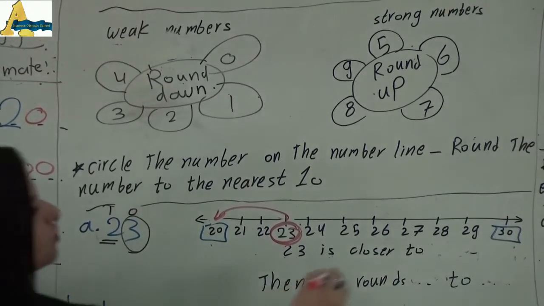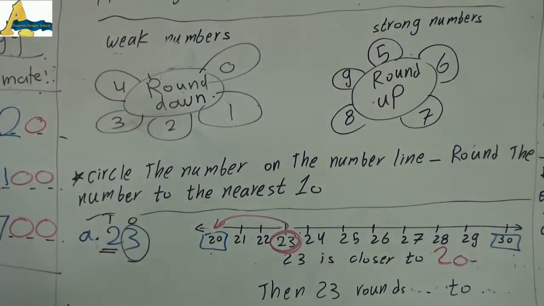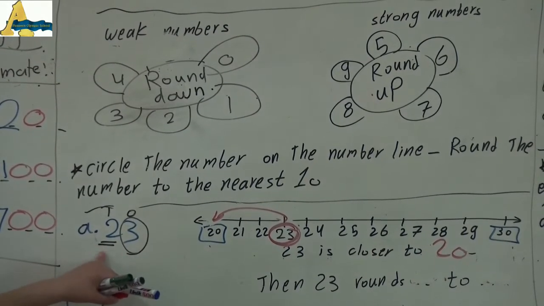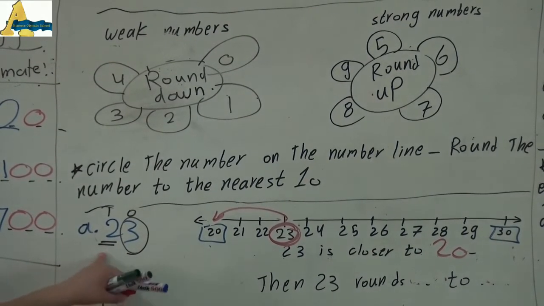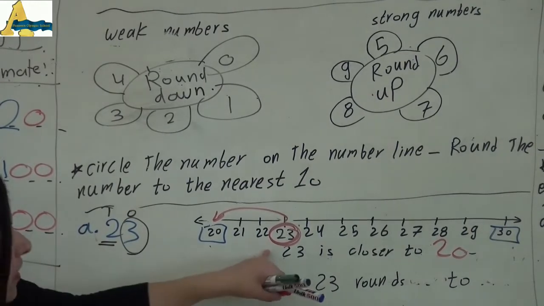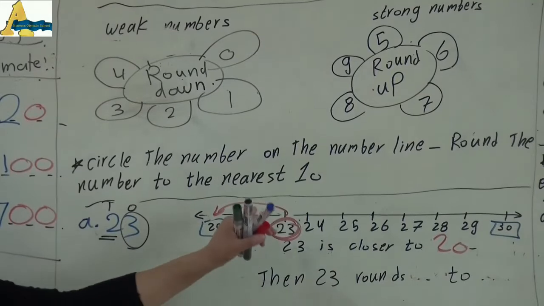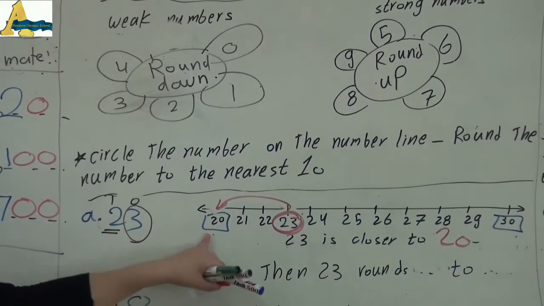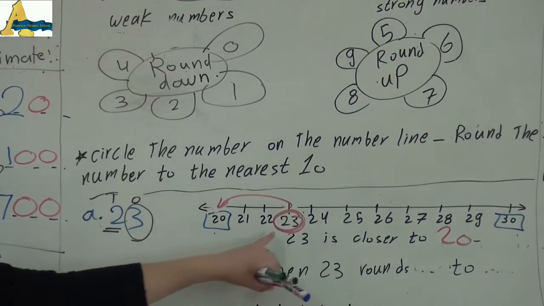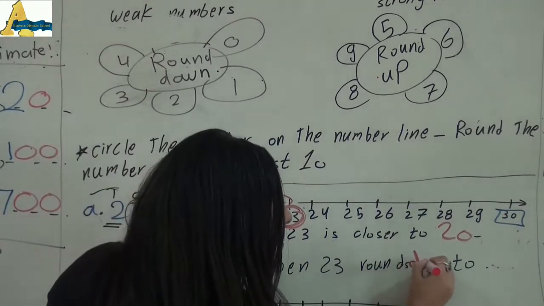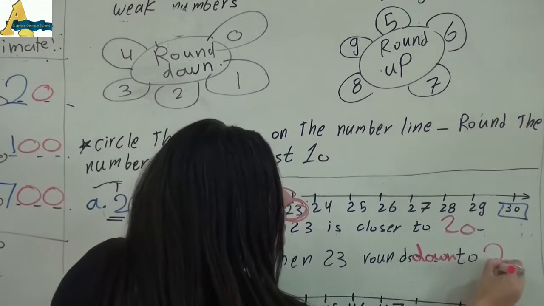Now, if the number is weak, this means it will not change the tens. It will remain as it is. This means that 23 will round down. I will make the number smaller to 20. So it became from 23 to 20. So this means round down to 20.